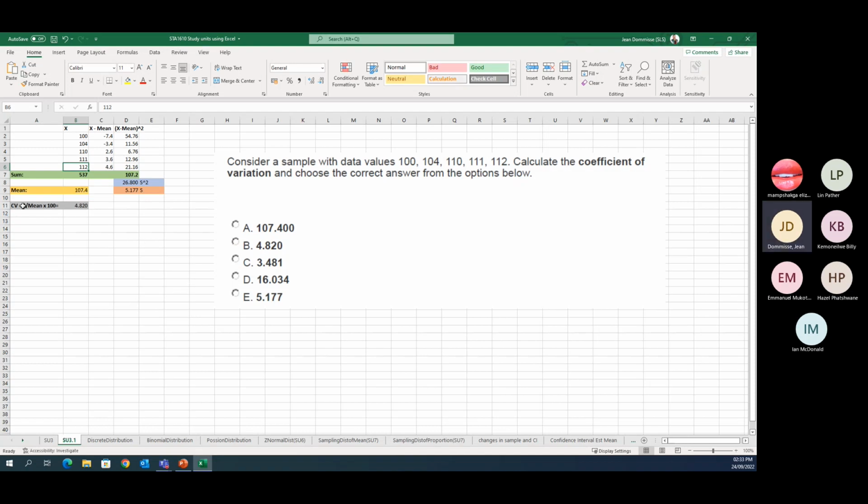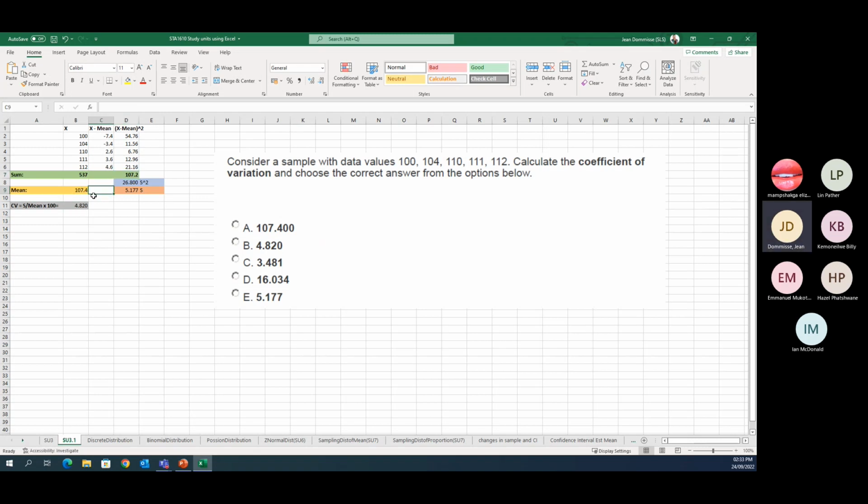So remember, it's the standard deviation divided by the mean. To get to the mean and the standard deviation, there's two things that you can do. You can use the formula pages that is in your study guides, or you can use the formulas that are in Excel.